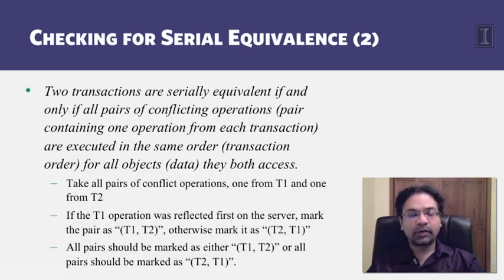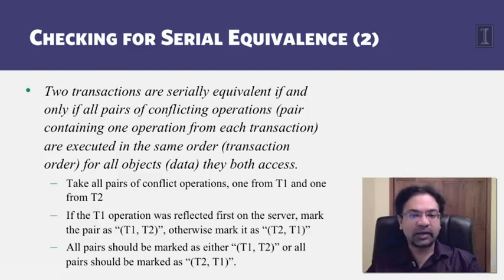However, if the T2 part of that pair occurred first in that interleaving, then I'm going to mark that as T2, T1. You mark all the pairs of conflicting operations with either T1 T2 or T2 T1 in this way, and then at the end all these pairs should be marked as either all T1 T2s or all T2 T1s. If either of these two conditions is true, then this particular interleaving is serially equivalent.